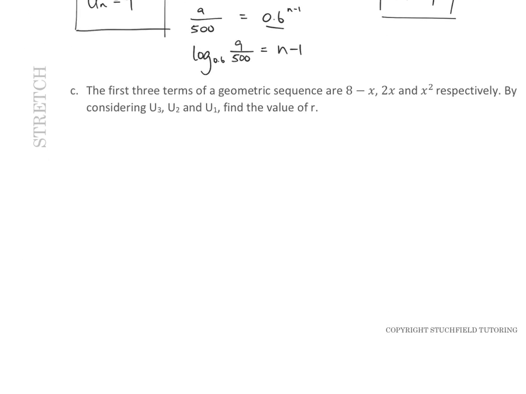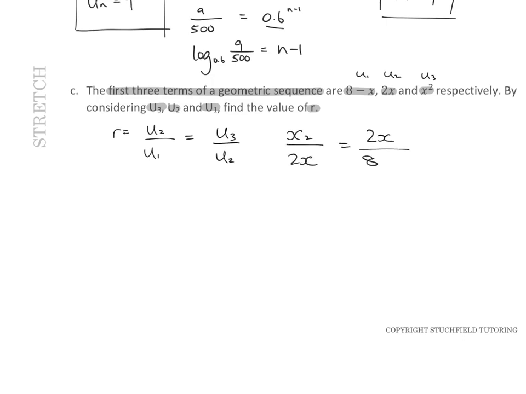Okay, C, the first three terms of a geometric sequence are this, this, and this. By considering these, find R. Okay, so R equals U2 over U1 or U3 over U2. So x squared over 2x equals 2x over 8 minus x.